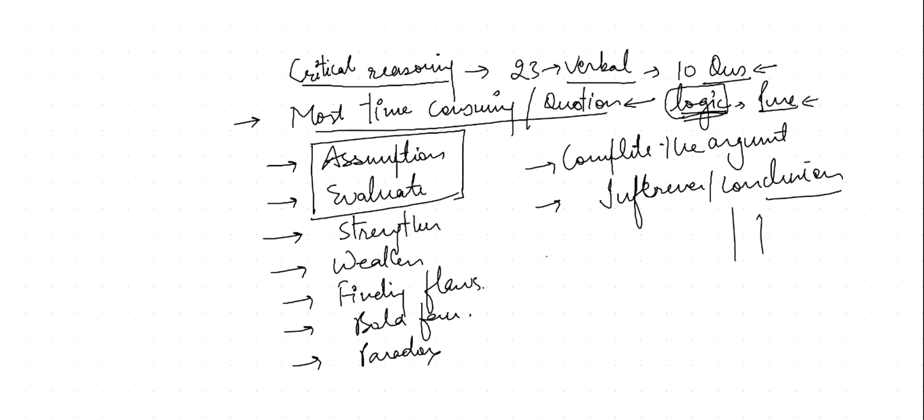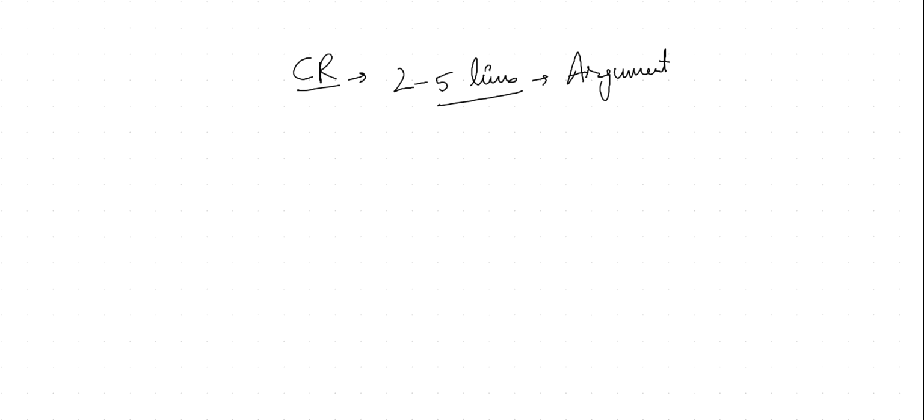First and foremost, when you see any CR question, there'll be like 2 to 5 lines. There'll be an argument, a small paragraph of 2 to 5 lines, and based on that, the question will be asked.